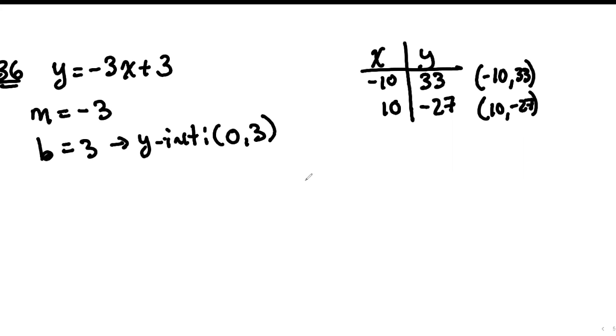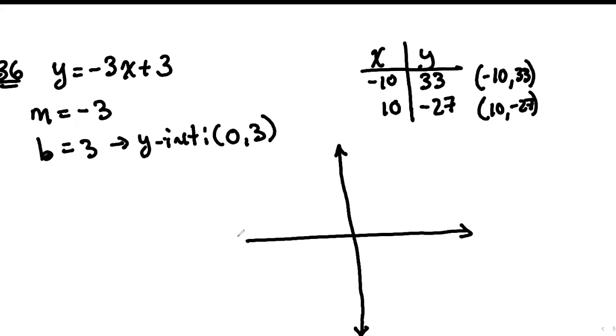So let's look at what my graph is going to look like for this particular equation. Here is -10. Here is 10, -27. Here is 33. So we will have something like this. That first point.